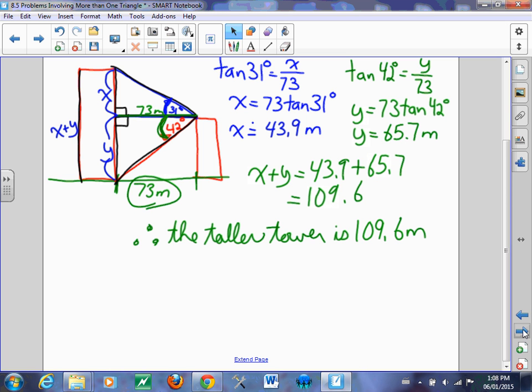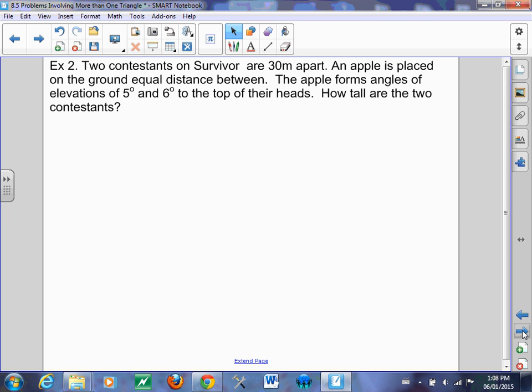All right, let's take a look at another example, number 2. Two contestants on Survivor are 30 meters apart. An apple is placed on the ground, equal distance between them. So let's pretend this is contestant A here, and we got contestant B here, and there's an apple right between the two of them.